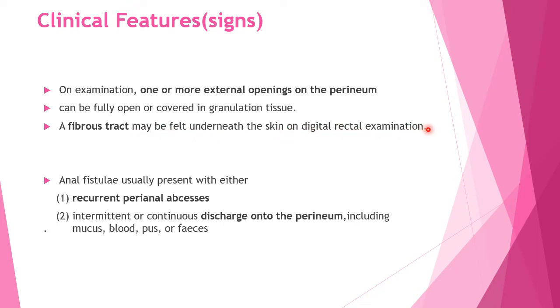So the importance of doing a very careful digital examination of the rectum. In general, anal fistula usually presents with either recurrent perianal abscesses or intermittent or continuous discharge into the perineum, including mucus, blood, pus, or feces.